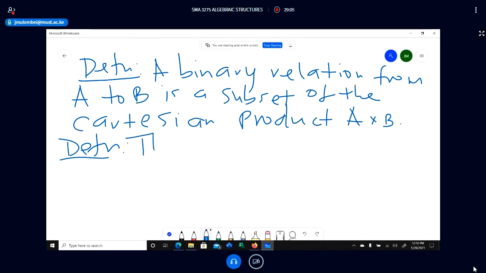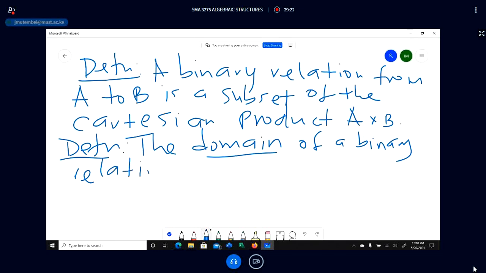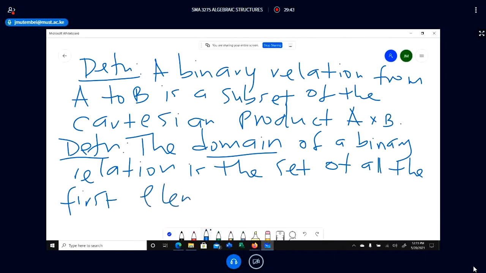We can say that the domain of a binary relation is the set of all the first elements in the ordered pairs.